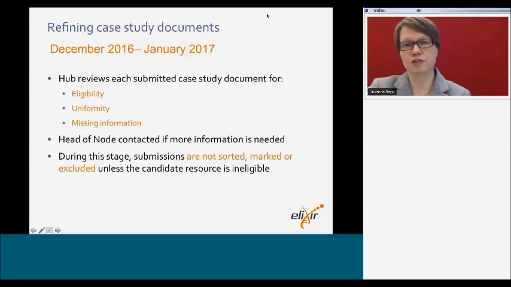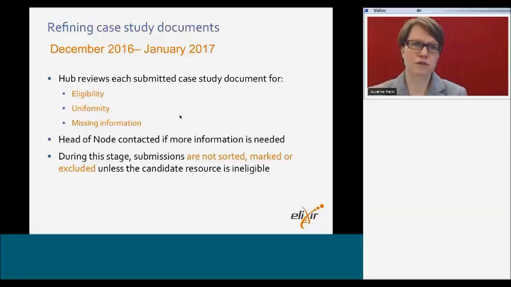After the submission has closed, we will take some time here at the hub to review each of the submitted case study documents. First of all, to check the eligibility criteria of the submitted candidate data resources. We will also check the uniformity and any missing information there might be. If there is a need for more information, we will contact the head of node separately.